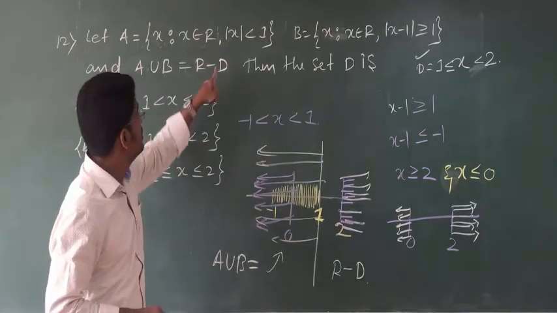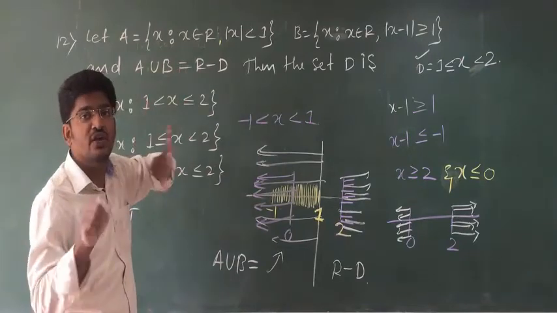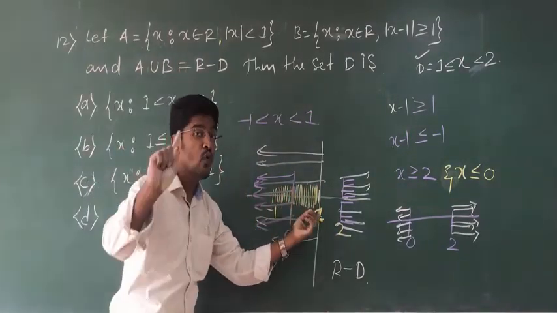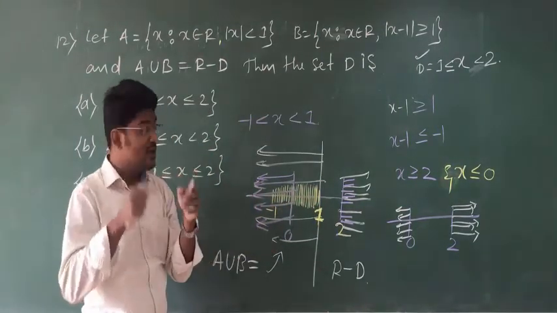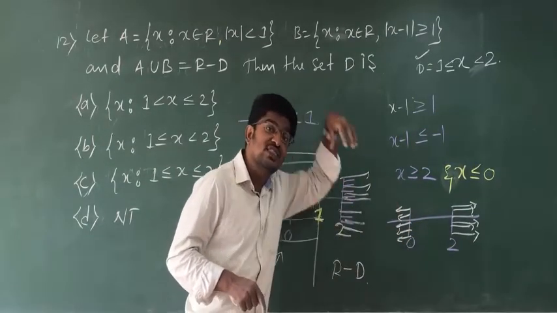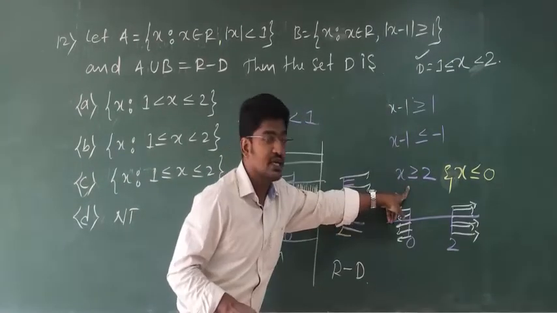That is A union B equal to R minus D. A union B already we know. See, lesser than 1 elements but not 1. And greater than 2. Greater than 2 with equal to 2. Because see, 2 is present.